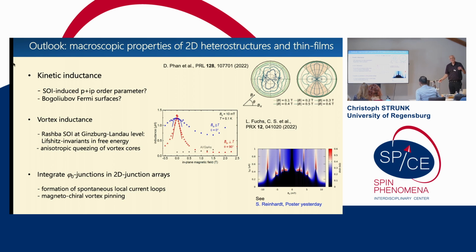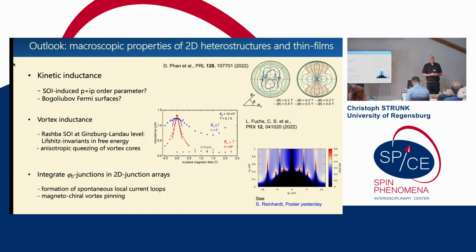Basically, what this means is that with the in-plane field, the gap shrinks for one k direction and extends for the other k direction, and that you can have then a closing of the gap at a part of the k-space, at a part of the Fermi surface, and that affects the superfluid stiffness a lot. So that's certainly an interesting thing.